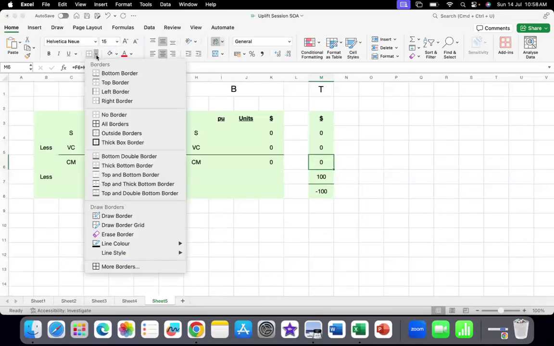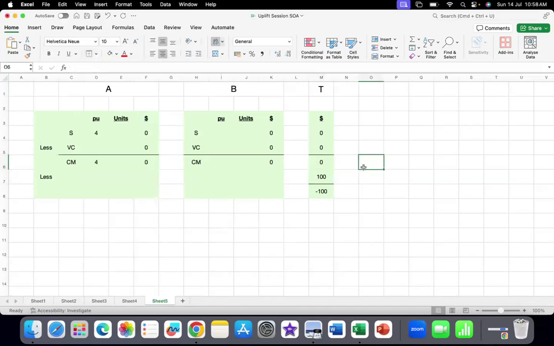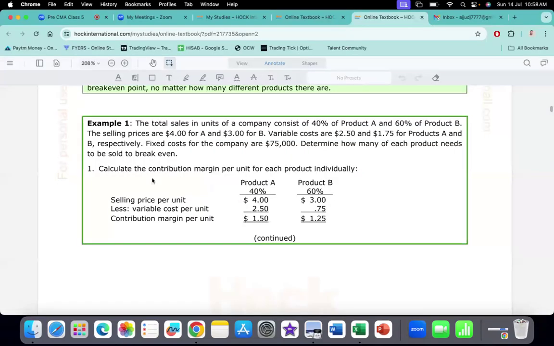So that's how the equations are going to work. You don't want the individual breakup here. If a different specific fixed cost is given, you can calculate it that way, but the fixed cost would always be done in totality. So the selling price per unit is 4 and 3.